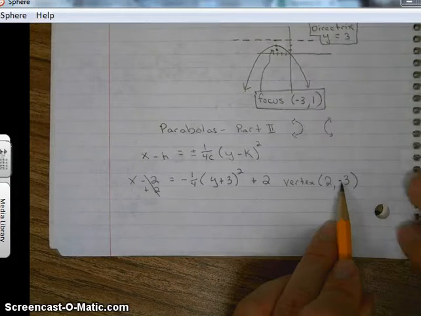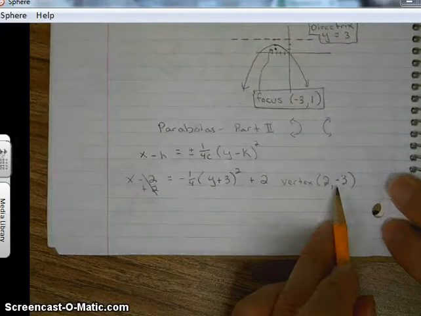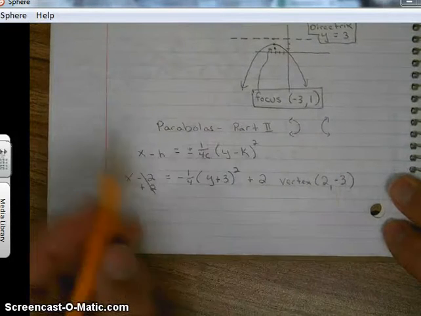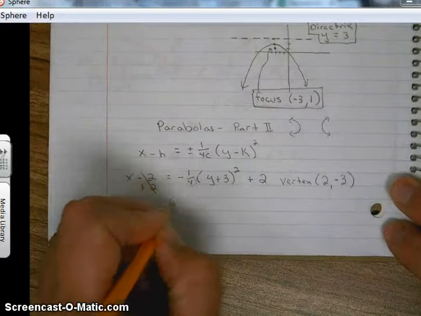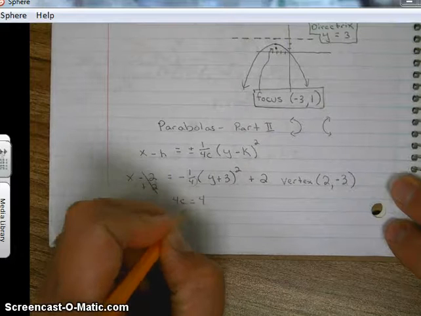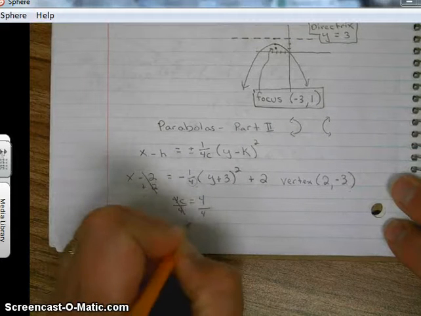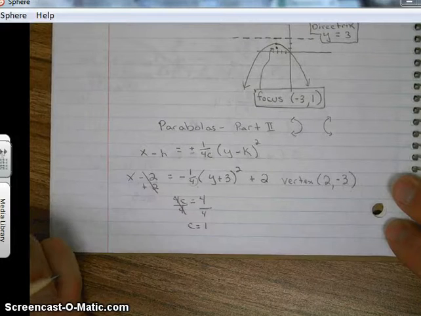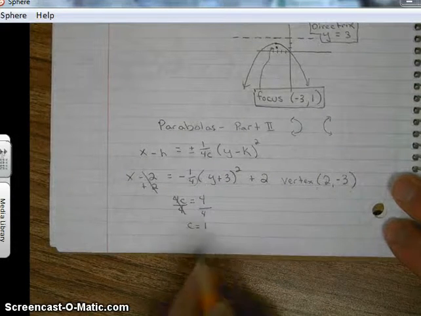So finding the focus is the same as a vertical parabola. We're going to set the denominator equal to 4c and solve for c. So c equals 1. So we want to go 1 unit into this parabola.